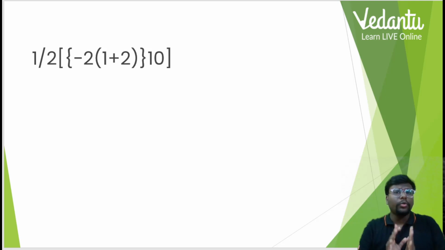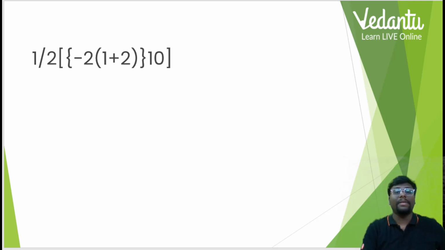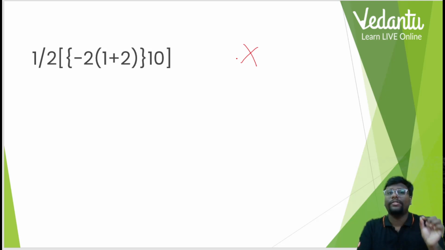Now, let me also tell you one thing which is very important. The only operation in mathematics which doesn't require its symbol is multiplication. If you want to add, you have to put that plus sign. If you want to subtract, you have to put that minus sign.